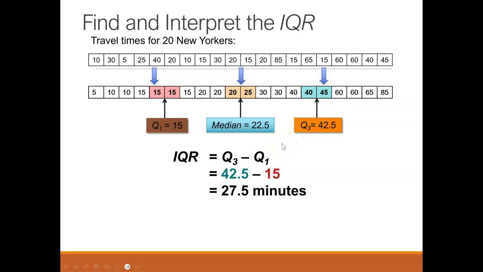And so it would be 27.5, right? The nice part is the calculator will give you everything that we really need out of this. All you've got to do is the subtraction, right? In practice, we probably wouldn't do this by hand, because it's a hassle to arrange data from smallest to biggest. Like, that really stinks.